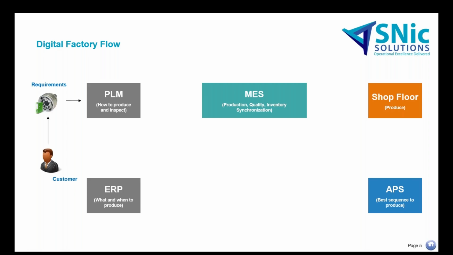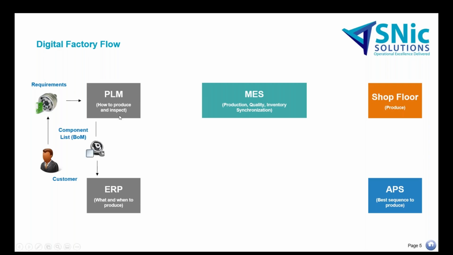Let's understand typically how a digital factory would flow. So you have customers giving the requirements. And if it's a standard product, you don't need to do any design, it's already ready. But if there are custom requirements in terms of make to order or engineer to order, you may have to custom design. And this is where you use your product lifecycle management system.